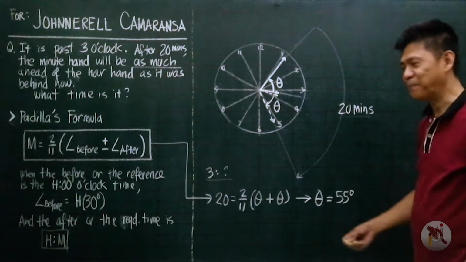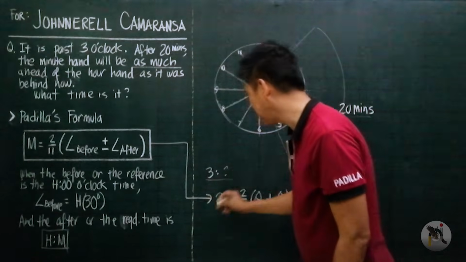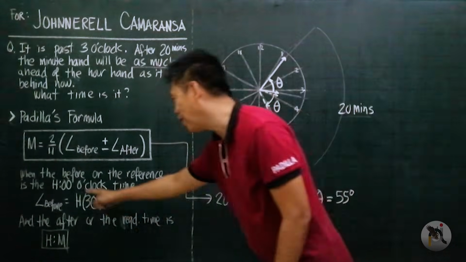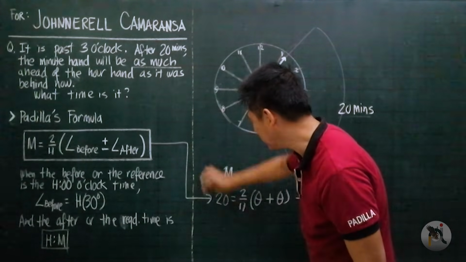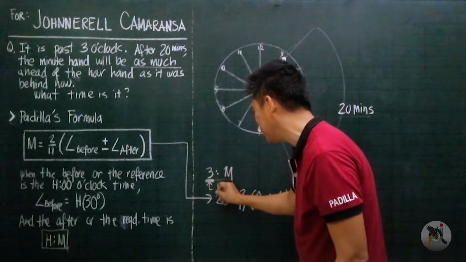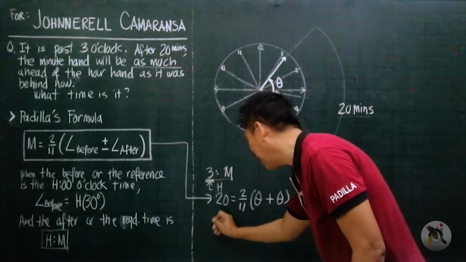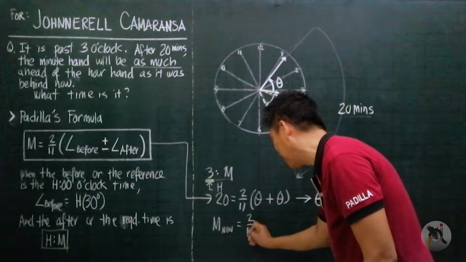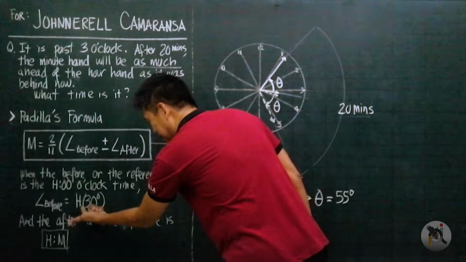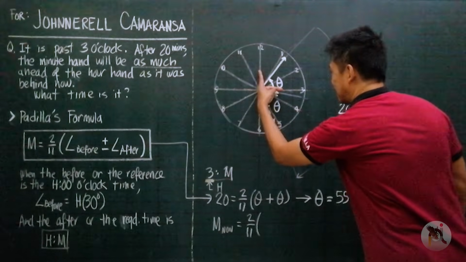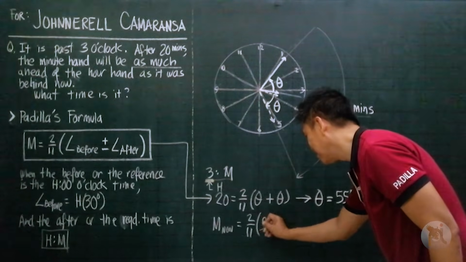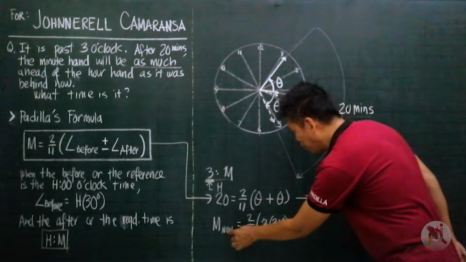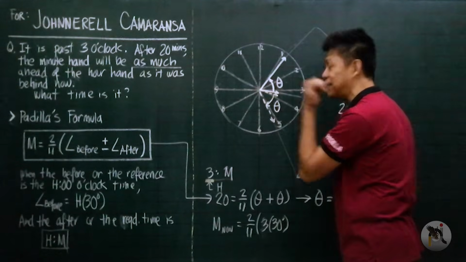Now, let us solve the time. The time is 3 o'clock and some minutes. Using 3 o'clock as the reference time, this is your H. Therefore, M now is equal to 2/11 times 3 times 30, that is 90 degrees, minus theta, because the minute hand is behind the hour hand.